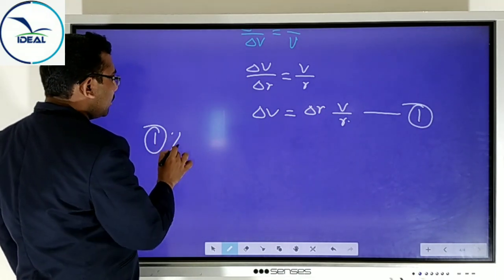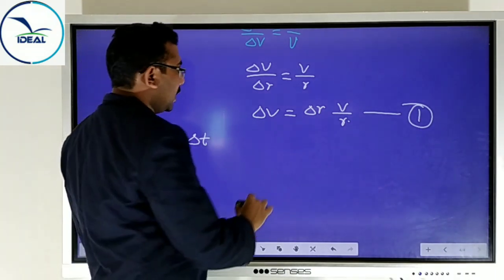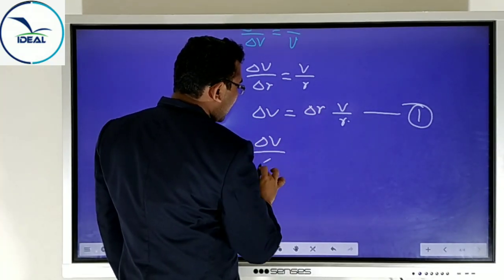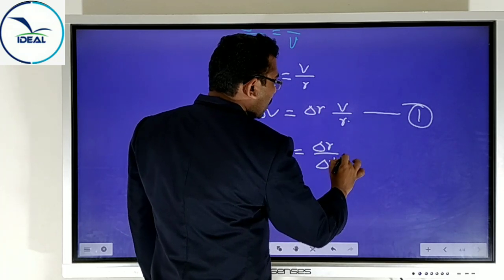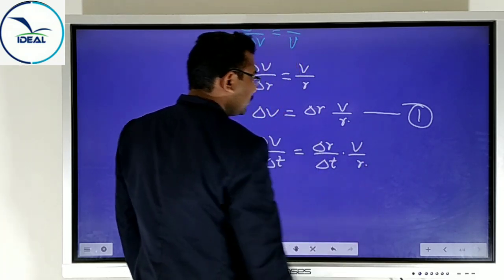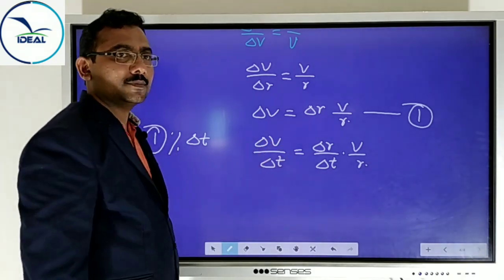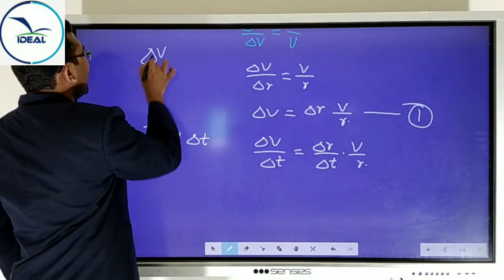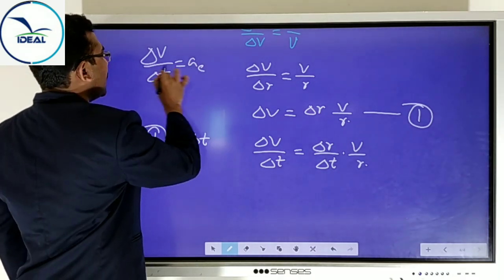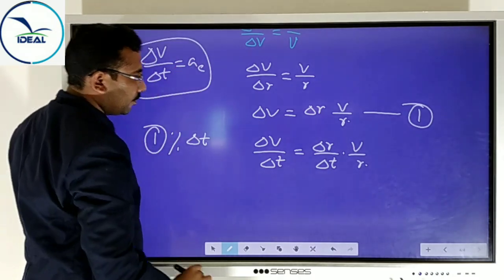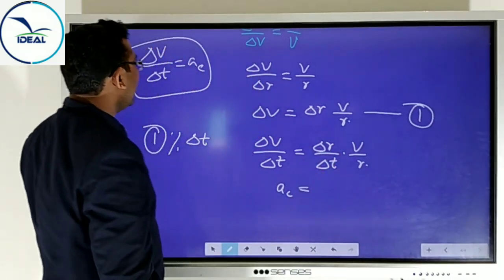Divide equation number 1 by delta T on both sides. Delta V by delta T is equal to delta R by delta T into V by R. What is delta V by delta T? It is the acceleration, here the centripetal acceleration AC. What is delta R by delta T?